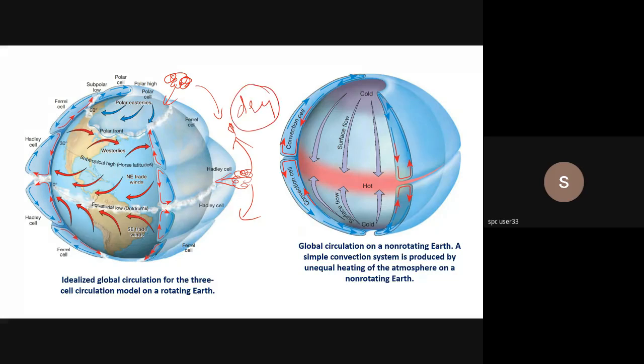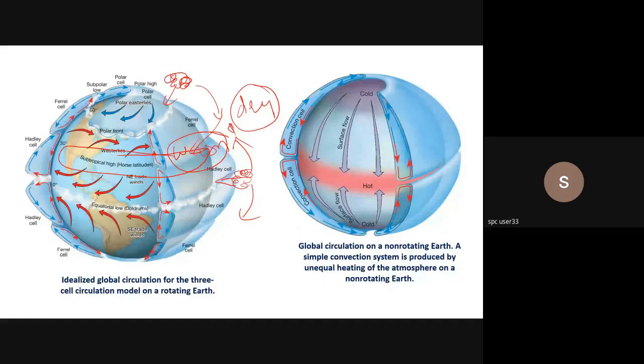Because they are dry, now see what happens. They're already dry, and as they come down, they are going to get warm. And because they get warm, they are going to absorb and soak in whatever moisture is there in this particular belt. That is one of the reasons, and we can pull out any world map and check it, that high pressure belts are known to be areas which have no rainfall.